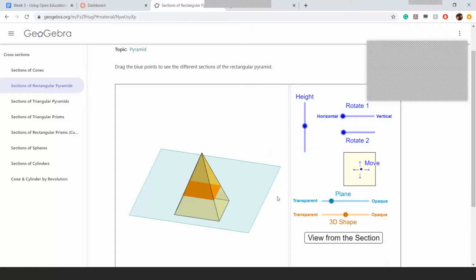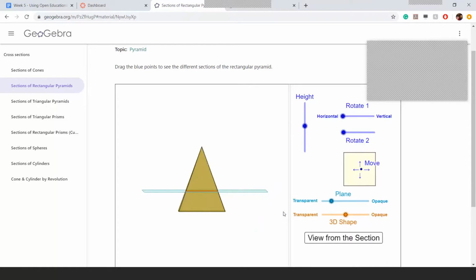This one might be a little bit easier to visualize for the vertical. Look at the vertical face right here. Now look at this pyramid head on. It's pretty easy to tell that I have triangular faces on every single side.